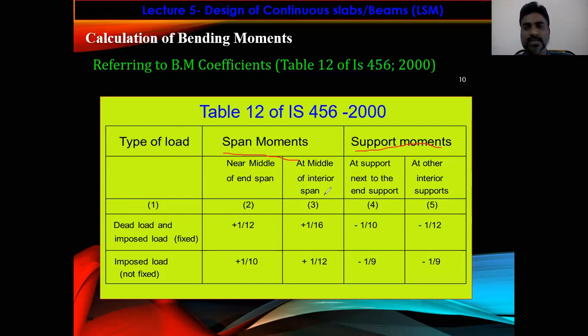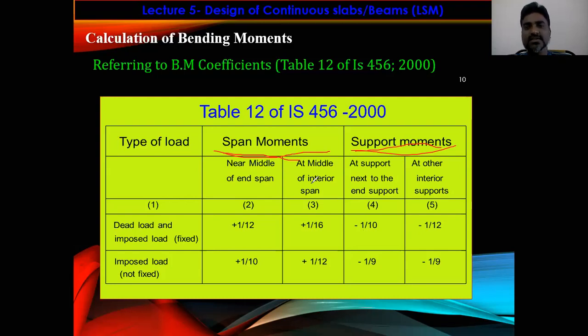That is one method. Otherwise, you have to calculate all the bending moments and the corresponding steel has to be determined at each place, right? Another method is the simplest, for reducing the calculation cost: I can take the maximum span moment and the maximum support moment. Whatever member we are going to design, I will check corresponding to the maximum.